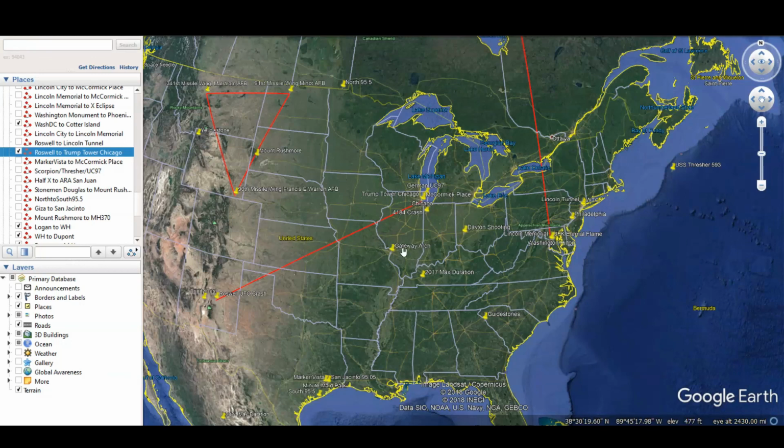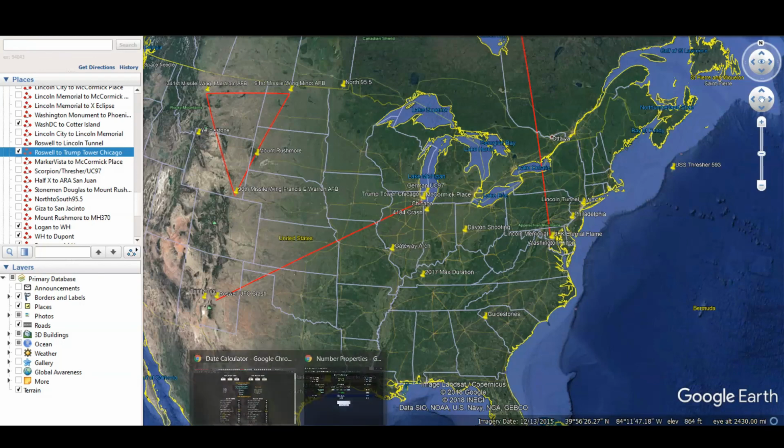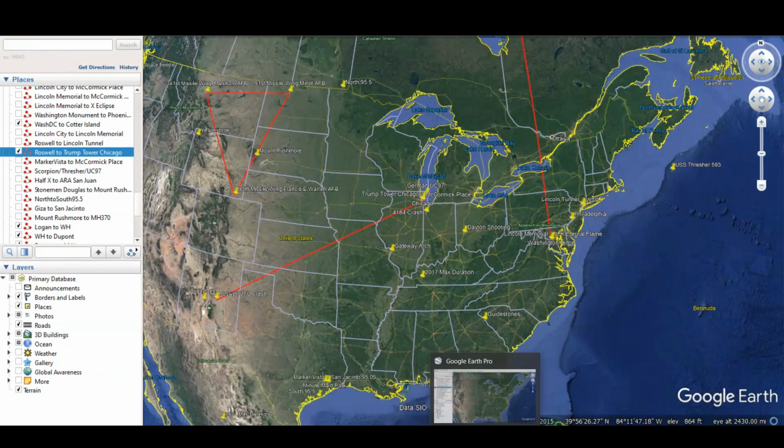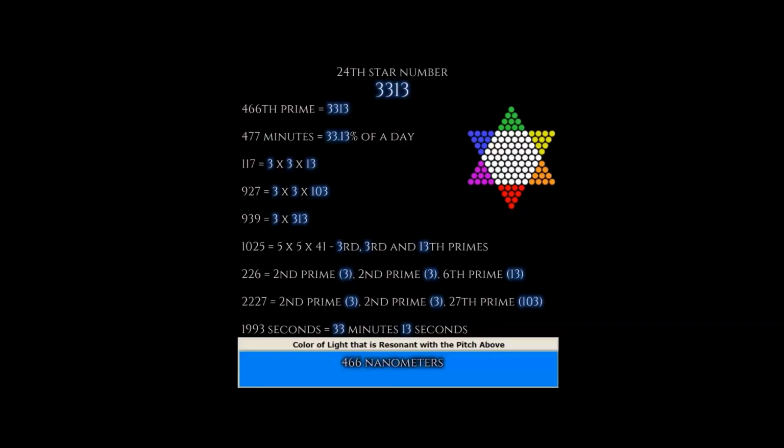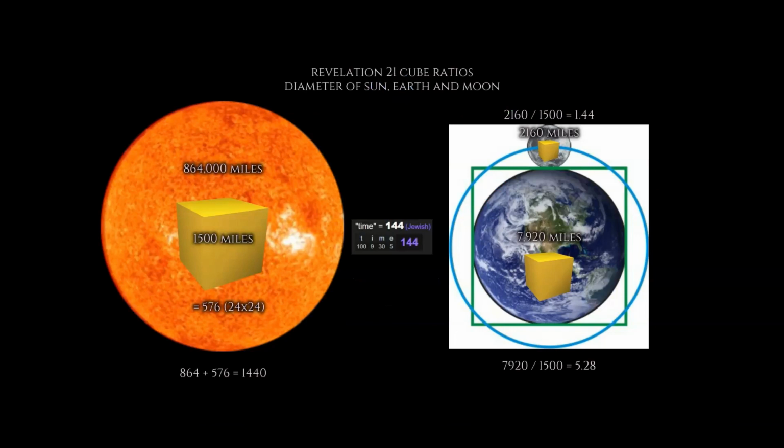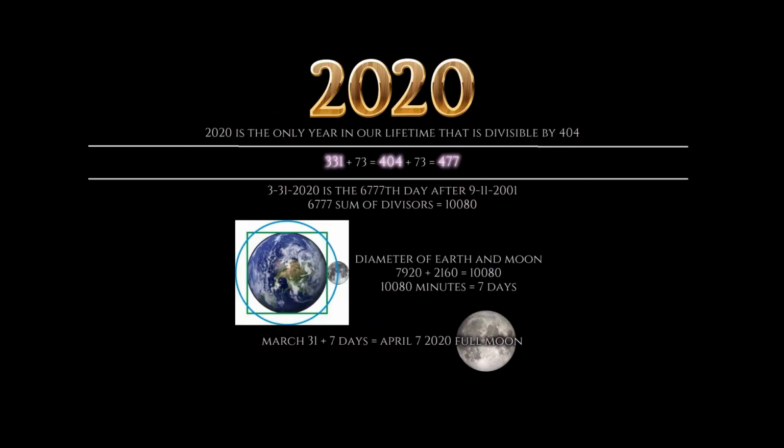Lots of Abraham Lincoln connections to all the UFO connections as well. And Abraham Lincoln was our first assassinated president. But just want to show you guys the math here with the cube in relation to the given numbers for the Earth, Sun, and Moon.